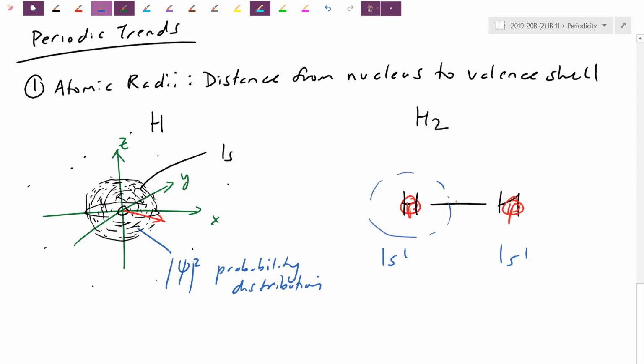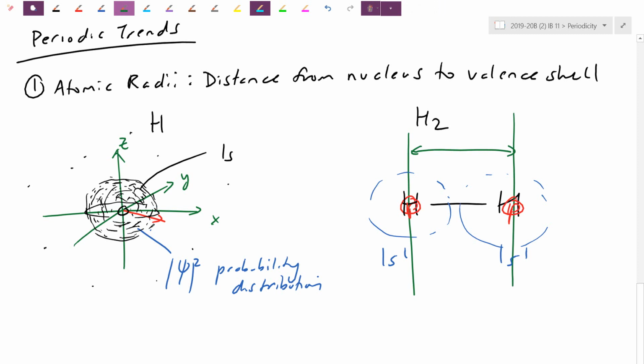S orbitals are spherical, so there's a sort of ball shape around these two centers here. Instead of this problem of how far out does a single orbital actually go, what I'm going to do is take this diatomic. These guys always hang out together. And I'm going to measure where this proton is. How far away is it from the other proton?